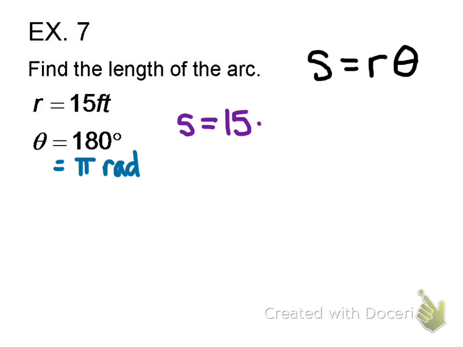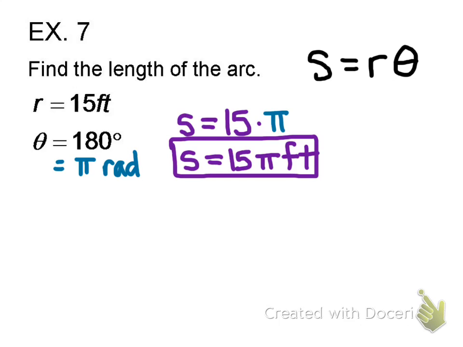So we're going to change 180 to pi radians. We know that those are equivalent. So we're going to plug in pi instead of 180. And I'm going to go ahead and leave this as 15 pi since it looks nice and neat. Since this is the length of an arc, we need to include our measurement. So this is 15 pi feet. So the length around the circle, and this would be half of a circle, would be 15 pi.